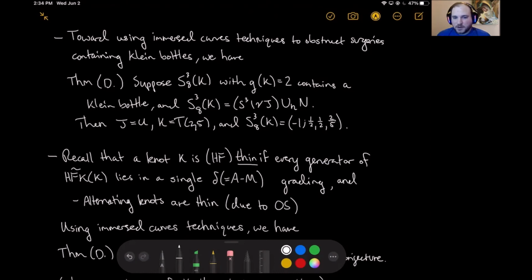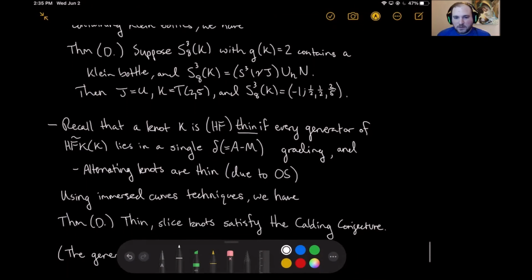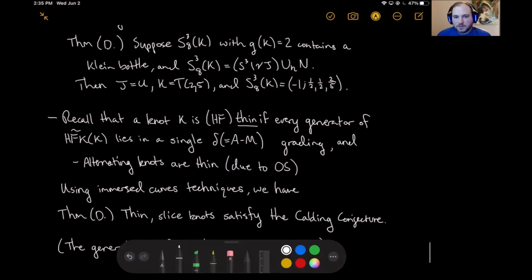And it's known that alternating knots are thin. This is due to Ozsvath and Szabo. And I was curious whether it can be shown by immersed curves whether thin knots adhere to the cabling conjecture. And so far, I only feel confident saying that thin slice knots satisfy the cabling conjecture.